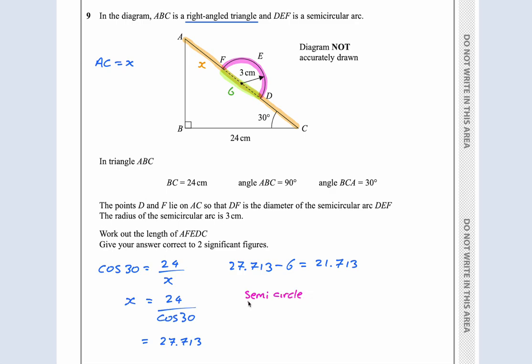The circumference of a circle is 2 pi r, which means half the circumference is pi r, because I just divide by 2. So the semicircle is 2 r, which is 2 times 3, because the radius is 3, which is 6.